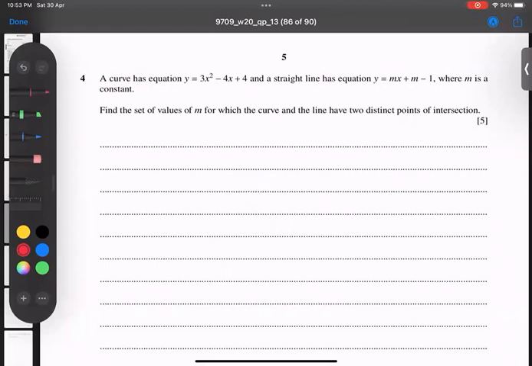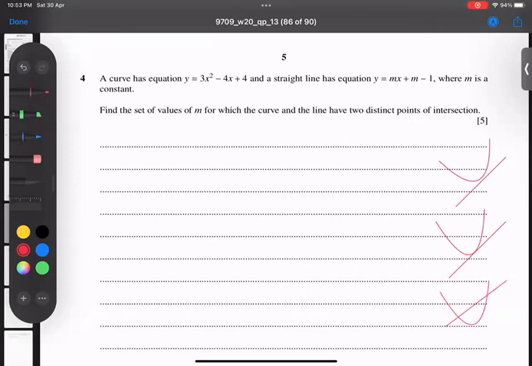He says m is a constant. Find the set of m values where the curve and the line have two distinct intersections. So we have three criteria: the curve and line are not intersecting, the curve and line are touching, the curve and line are cutting at two spots.